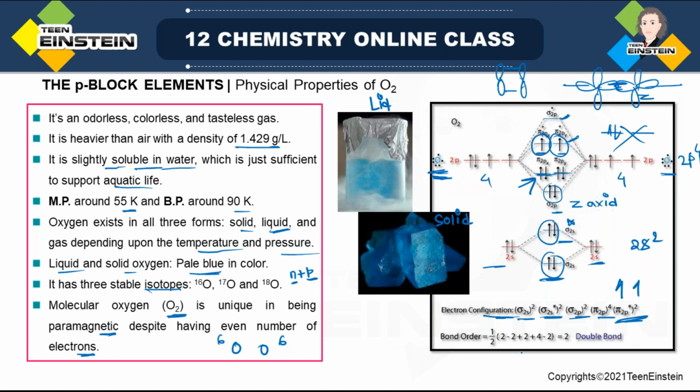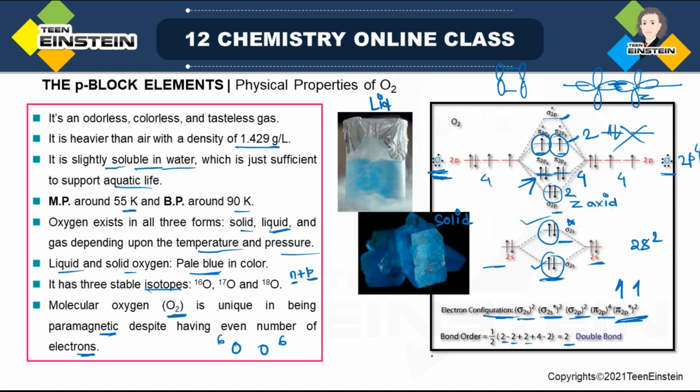Bond order we can also calculate: it is the total number of bonding electrons minus the total number of anti-bonding electrons, divided by 2. So 2 minus 2 for these two, then 2 plus 4 in bonding, and minus 2 for the antibonding.